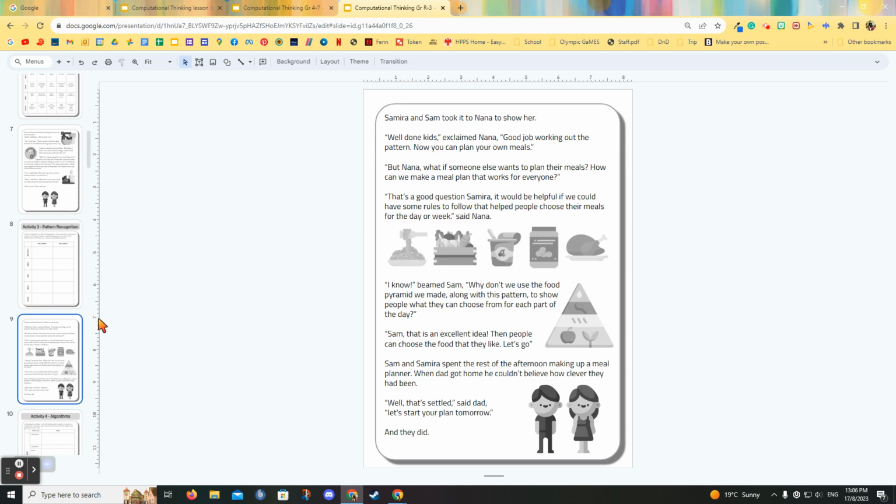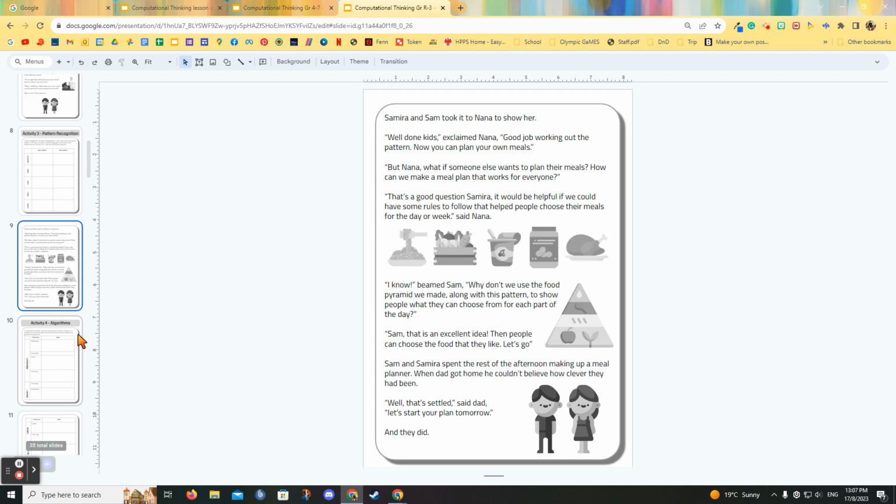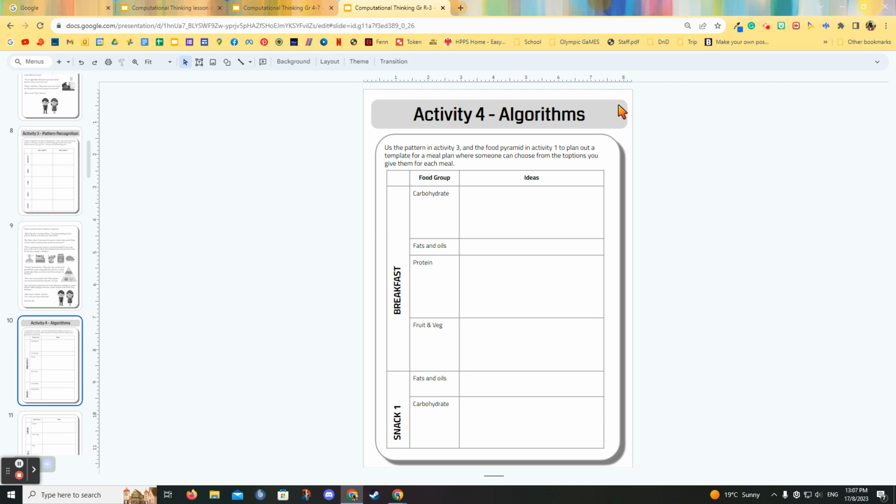Now they're going to use that pattern to plan out their own meals using the specific foods that they eat. You can talk to learners about how different people prefer different types of foods, and maybe you're allergic to something, or maybe you don't eat certain fruits and vegetables. Then they use the pattern that they found to create an algorithm, a set of instructions for what they can eat each day.